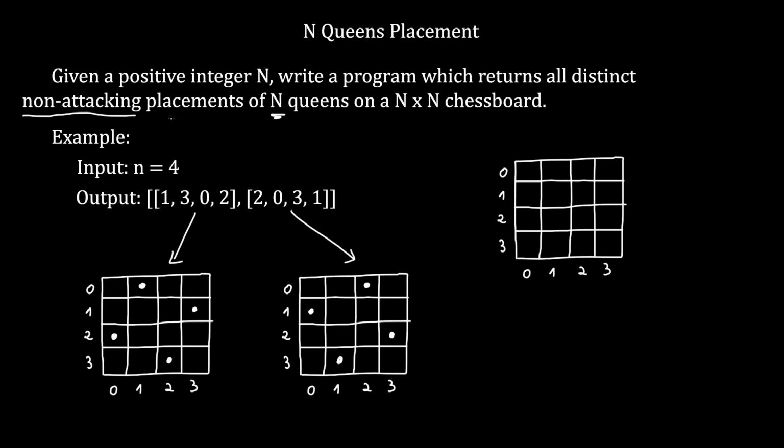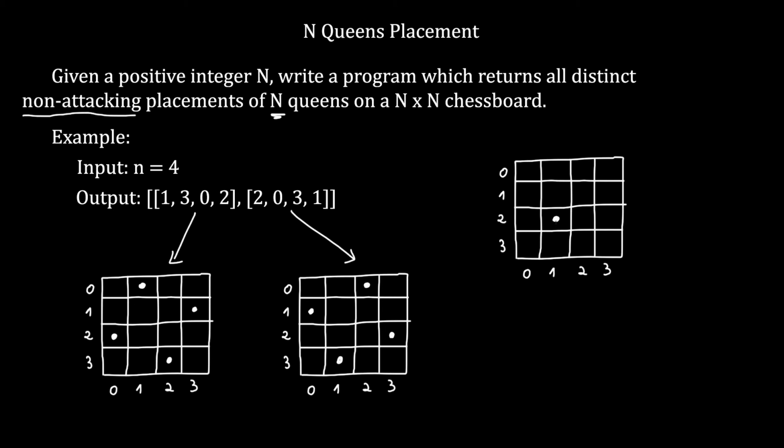Well, if you've played chess before, I did, I was terrible at it, but at least I know the rules. I know that when we place a queen somewhere on this chessboard, let's say I'm going to place the queen here, right? This queen is going to attack a couple of other cells.